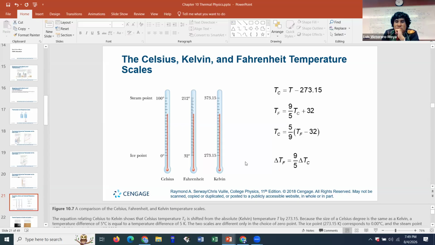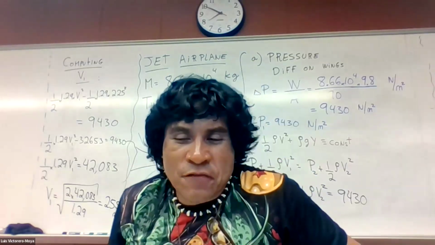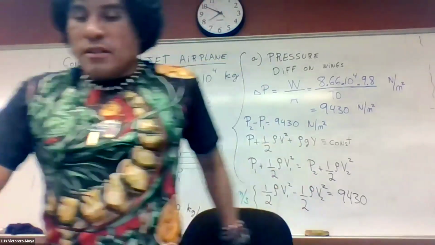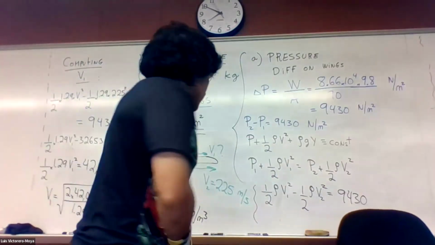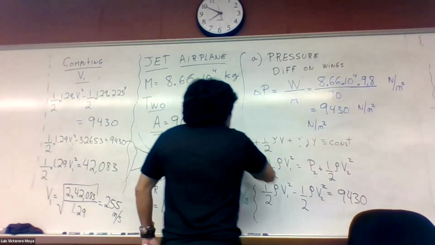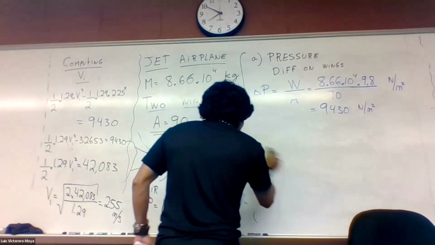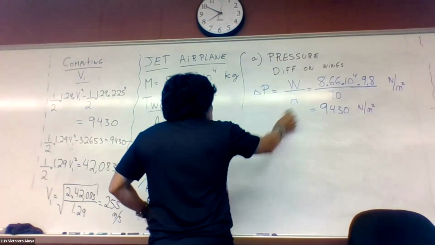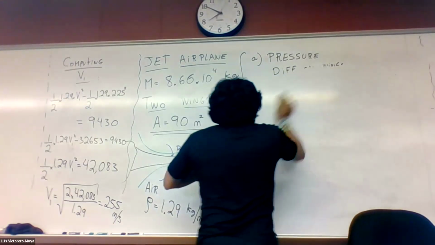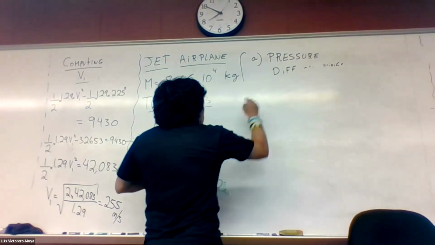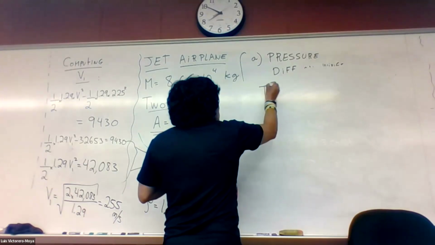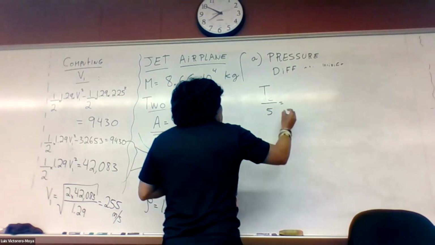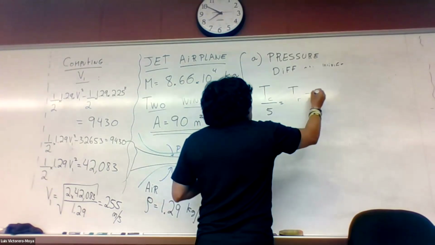The temperature in Celsius is 5/9 the temperature in Fahrenheit minus 32. So let's show you, right? Let's find the boiling temperature of water using that conversion. So temperature in Celsius over 5 is temperature in Fahrenheit minus 32 over 9.